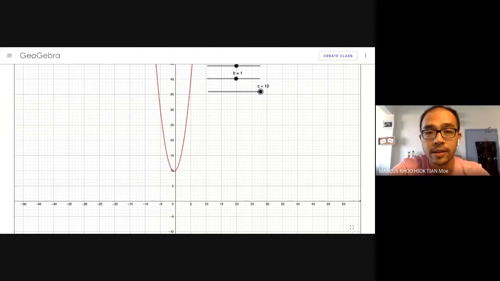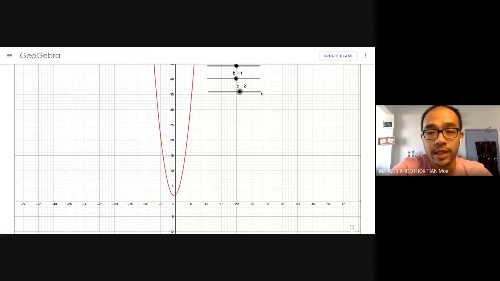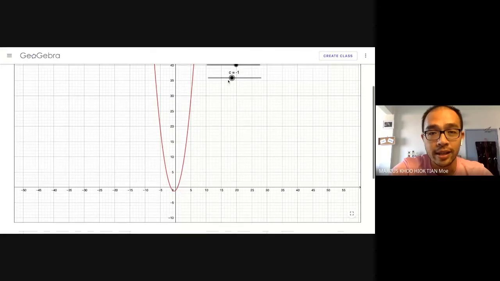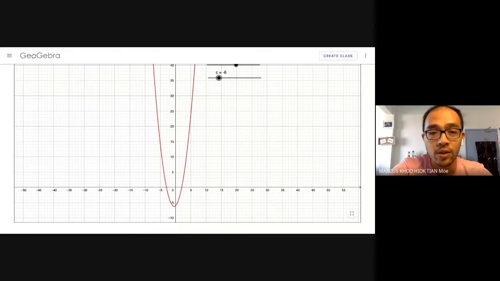Anybody? Anybody want to try and tell me what happens to the value of C? If let's say I put a C negative, look at the C negative 1. Okay, negative 2, negative 3, negative 4, negative 5, all the way to negative 10.